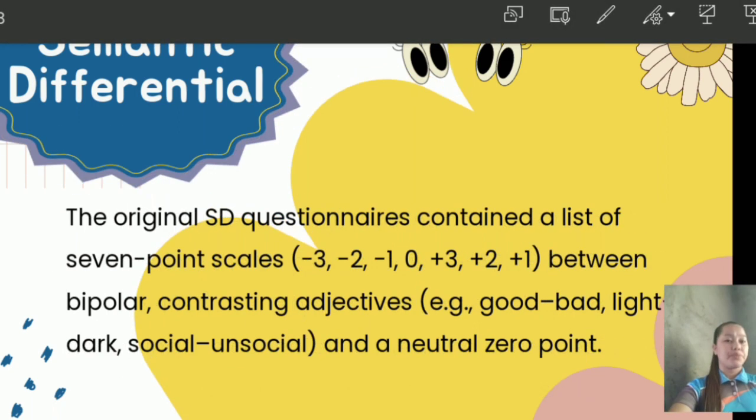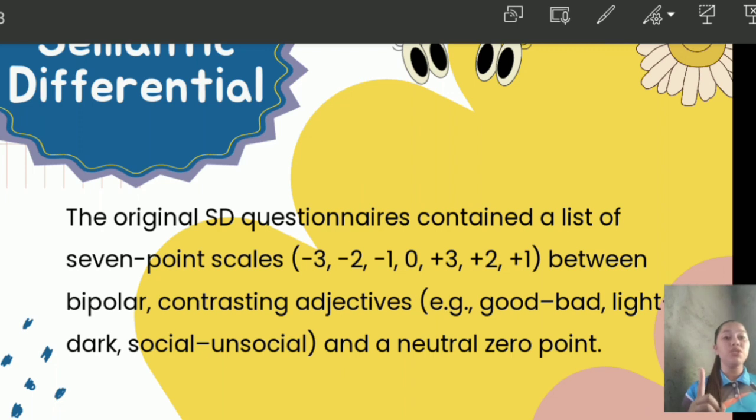The original SD questionnaires contain a list of 7 scales: -3, -2, -1, 0, +1, +2, and +3. These are the rating scales placed on top of the table between bipolar, constructing adjectives such as good or bad, light or dark, social or unsocial, and a neutral 0 point. These are opposites. So you put the rating scale on top of your table, then below, good on the left and bad on the right. So you choose between good and bad.